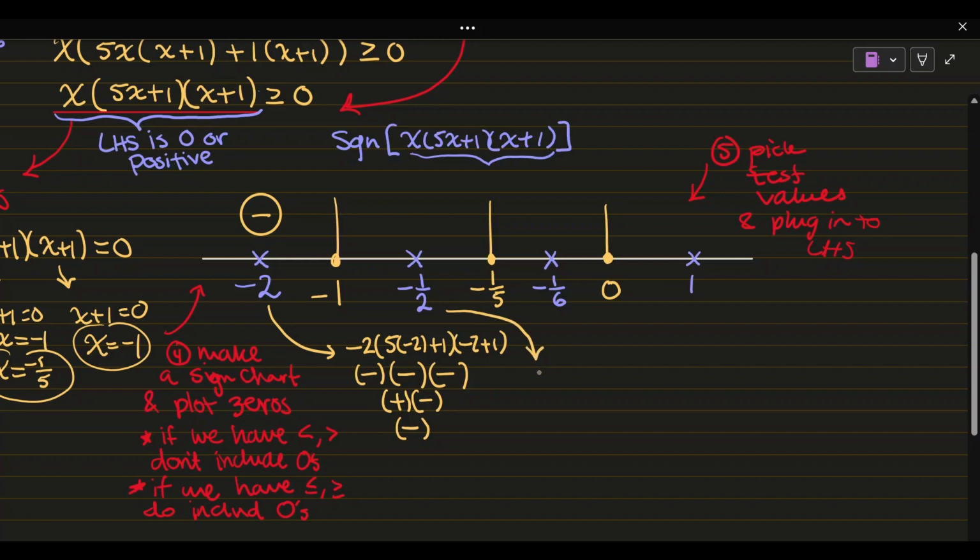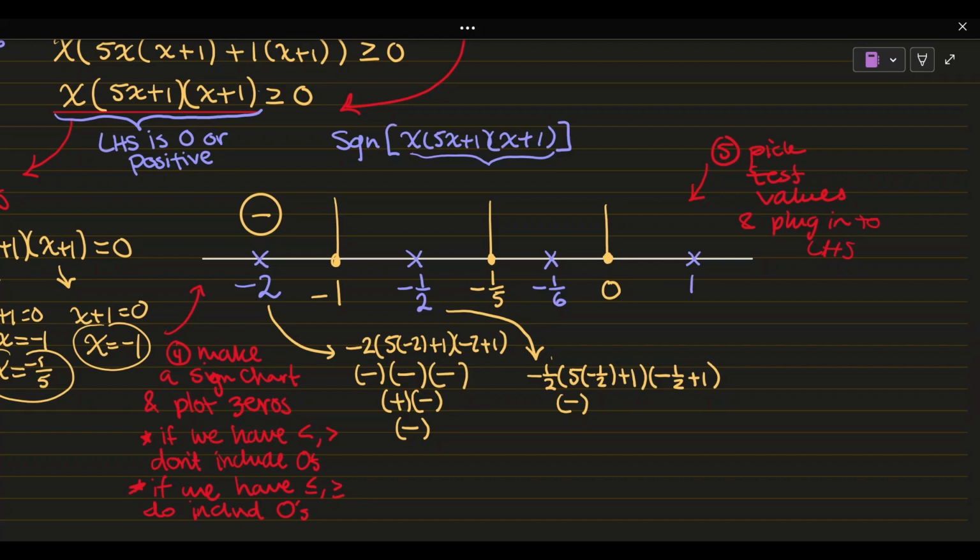Testing negative 1/2, I have negative 1/2 times 5 times negative 1/2 plus 1, and then negative 1/2 plus 1. Obviously this negative 1/2 on the outside will give me a negative. Now 5 times negative 1/2 plus 1. Let me give you some reasoning here.